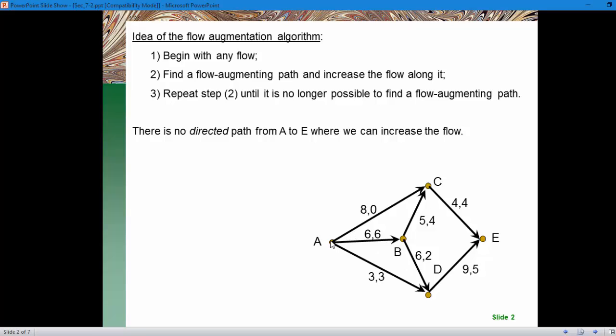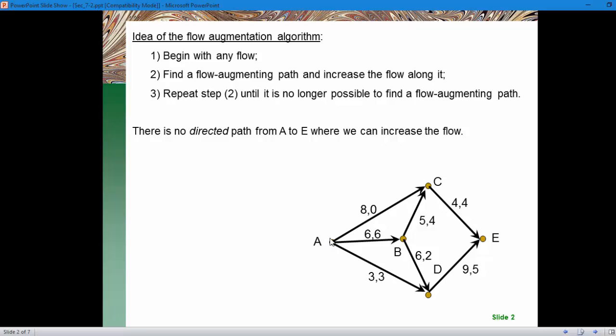However, one thing we can do is to look at the edges or the arcs that are going in the reverse direction. For example, there is no directed path from A to E that will allow us to increase the flow.